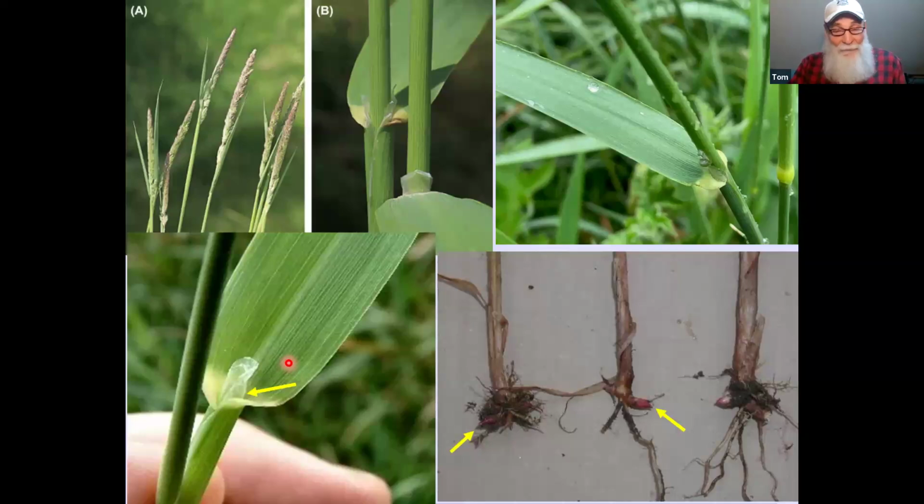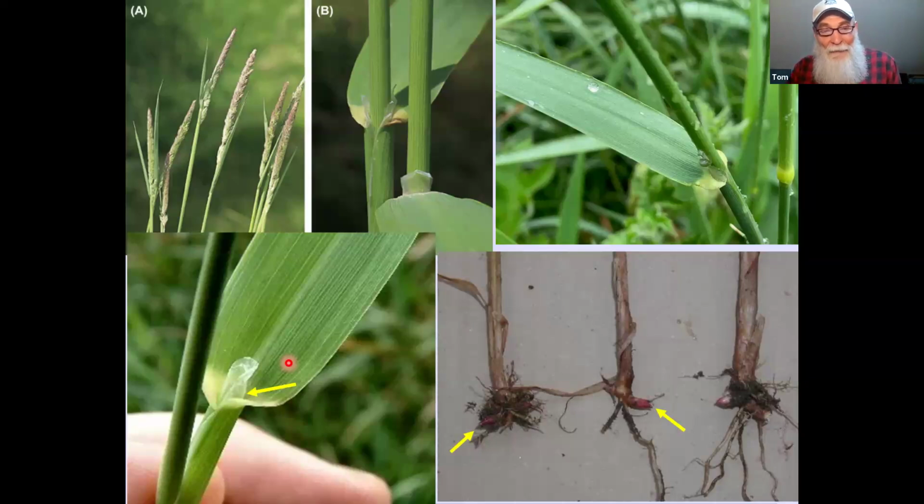Now, I didn't see it on any of the other grass species that I was seeing, and there really weren't that many. There was some blue joint grass, and there was some fowl manna grass, and there was some prairie cord grass in this sedge meadow, reed canary grass wet meadow.